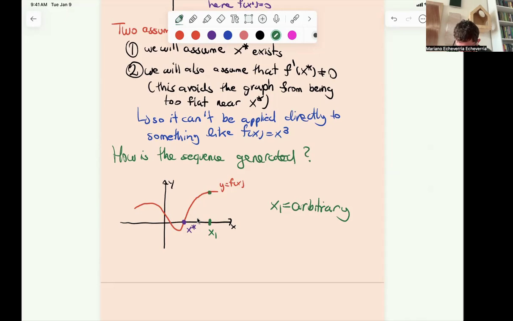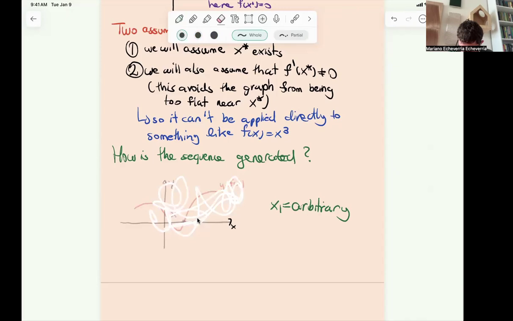Let me redraw the graph, because otherwise the tangent line won't look that great.